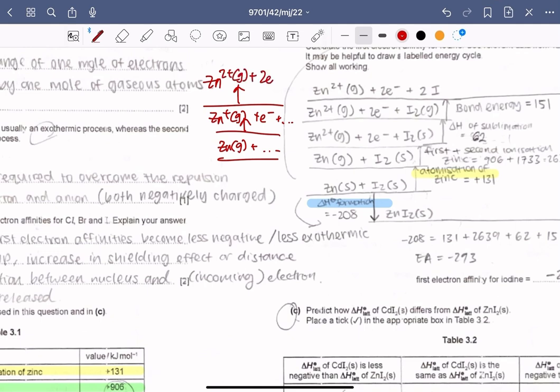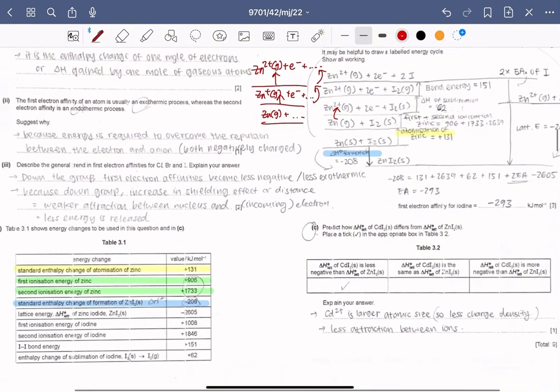So it's one by one, first ionization energy, second ionization energy. However, in here I combine immediately first and second ionization energy, therefore it's this.